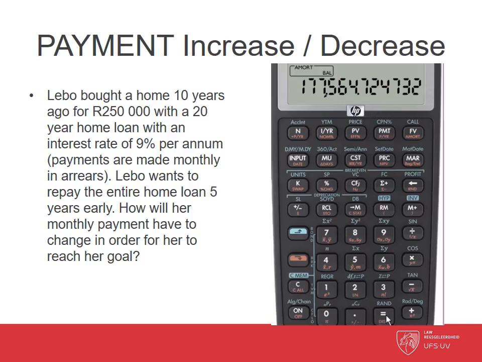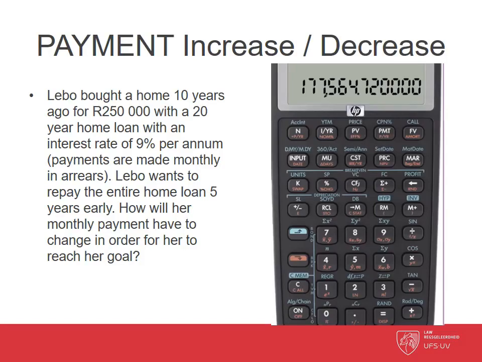Obviously, she wants to increase those monthly payments and decrease her time to pay it off by 5 years. So I'm going to put in 177,564 and 72 cents as my present value.